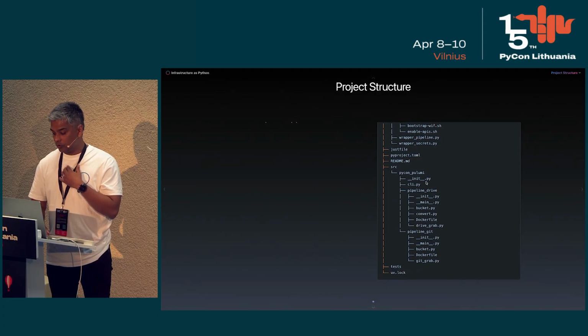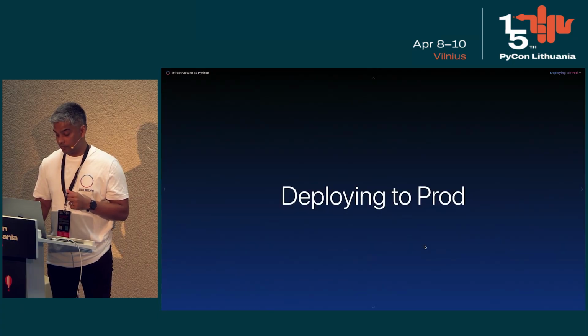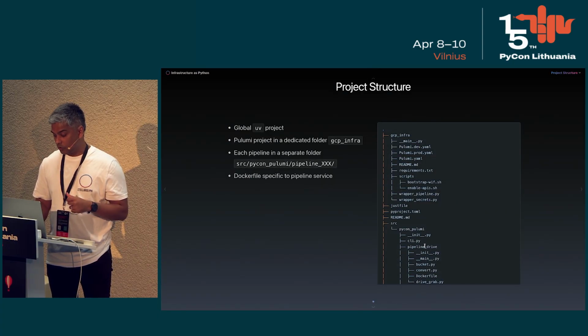Within your source code, you've got pipeline drive and pipeline get. You can see all of the code, and the Docker file for each pipeline is contained within the same folder. So it makes for a really tight project structure and easy to go through.